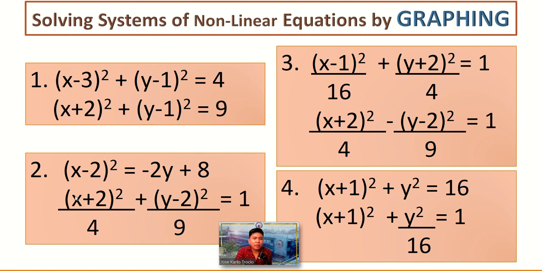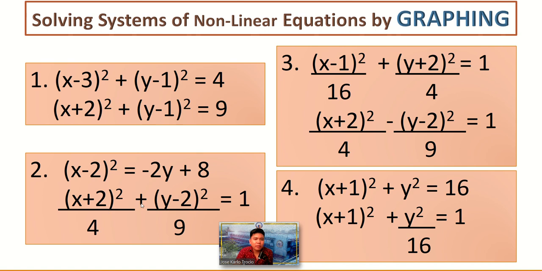How about the second one? The second one only has a square on the x, so it is a parabola. The pair of the parabola is y, and then it's negative, so therefore it is going downward.